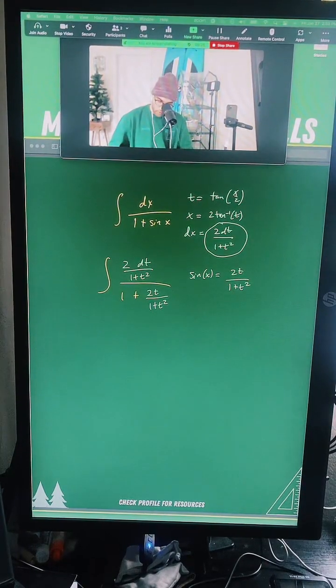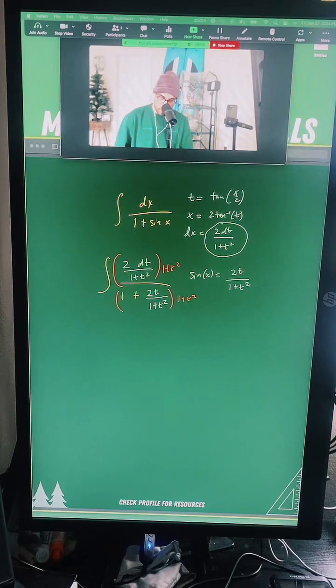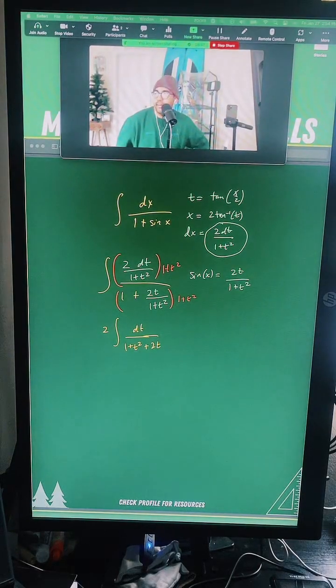We're going to multiply both the top and the bottom by 1 plus t squared. And that's going to give us this new integral. I'm going to move the 2 on the outside, and we have 2 integral of dt over 1 plus t squared plus 2t. Oh, that's kind of nice.